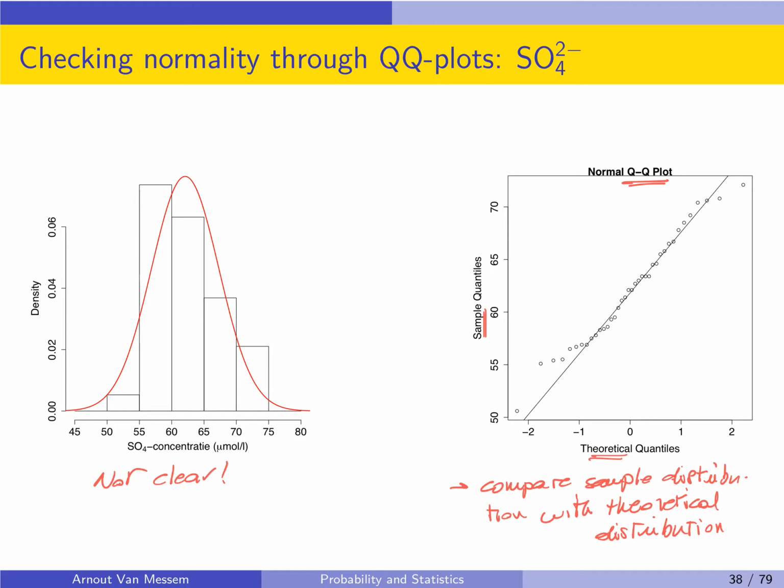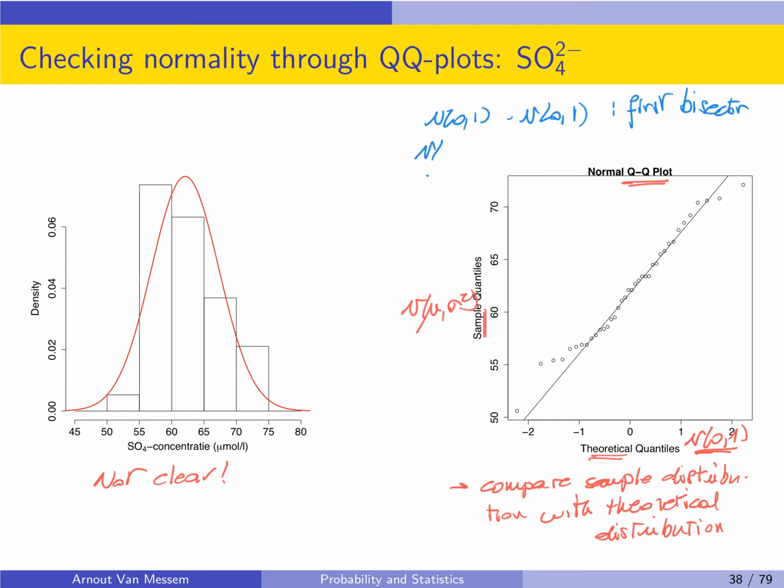Remark, as I said, the theoretical quantiles are always the ones for a standard normal distribution, but you can be checking for any normal distribution. So if you would be checking a standard normal distribution with a standard normal distribution, then you would expect that the points that are plotted in the QQ plot are on the first bisector, because they have to be the same. Your theoretical quantile has to be exactly the same as your sample quantile.